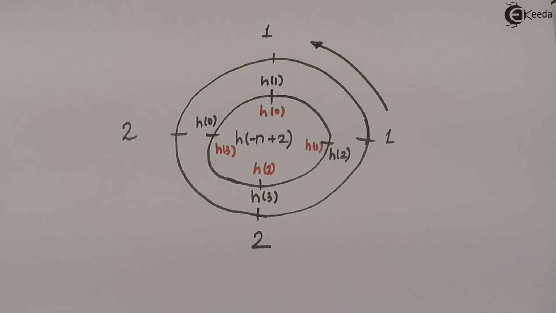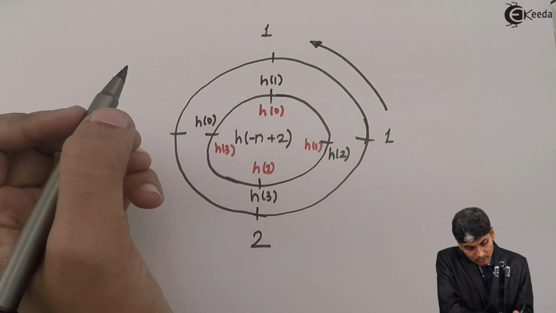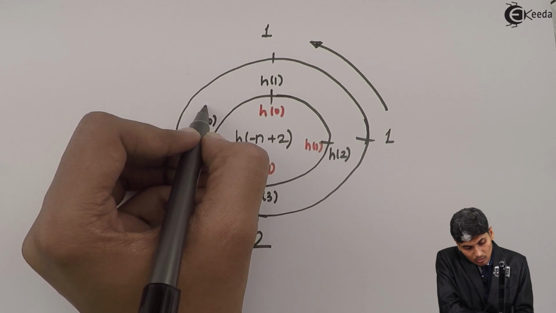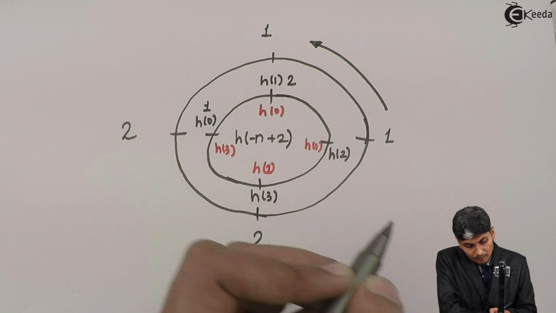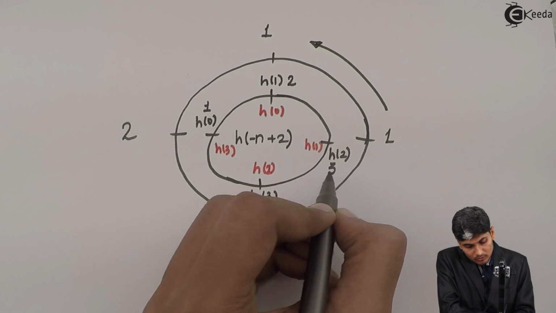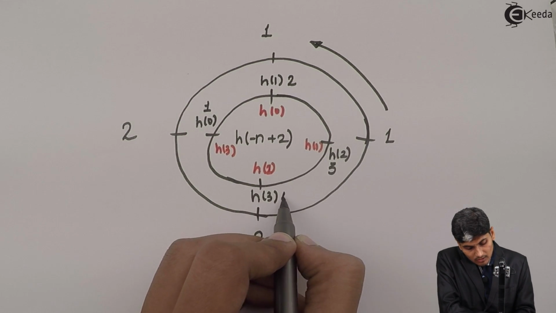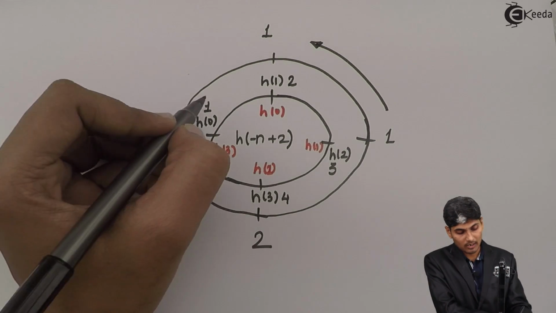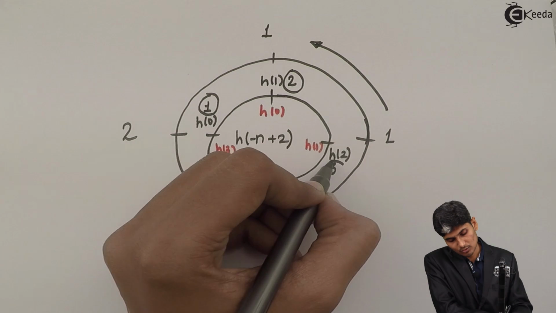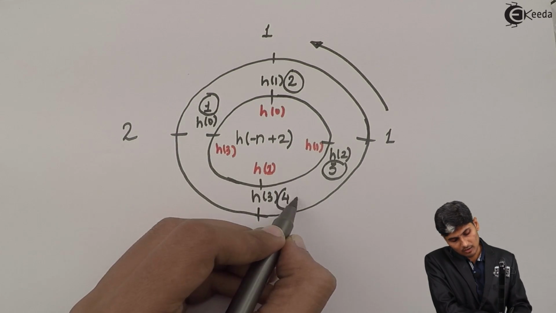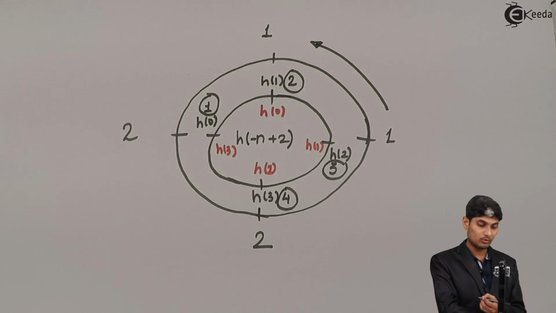So, now h of 0 is equal to 1, h of 1 is equal to 2, h of 2 is equal to 3, and h of 3 is equal to 4. So, I have the samples 1, 2, 3 and 4. So, these are my new samples.